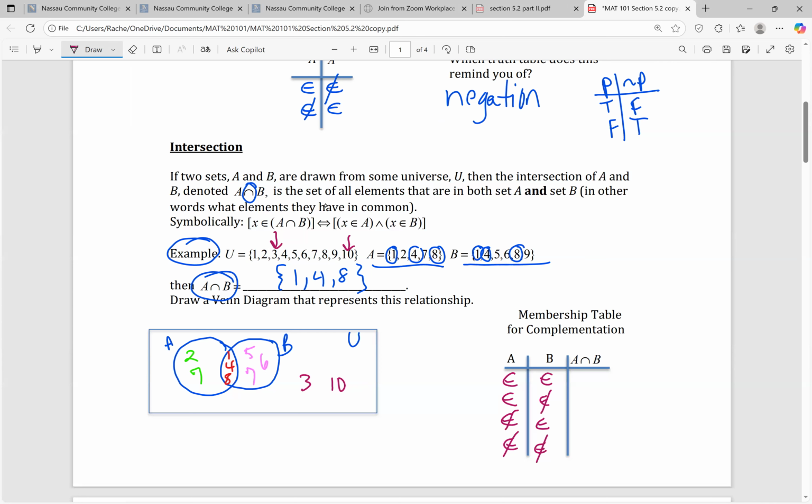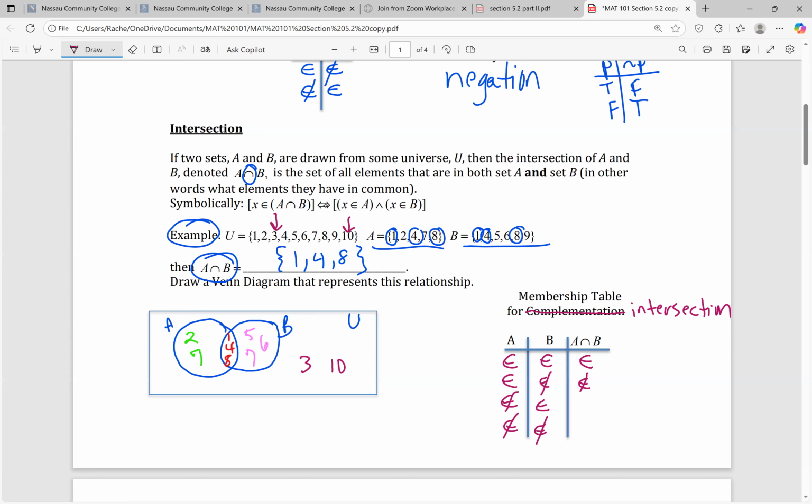So if we have something that's an element of A, an element of B, right, then it's going to be in the intersection. It's going to be an element of A and B. But if we have an element of A, but something that's not an element of B, it's not going to be an element of the intersection.